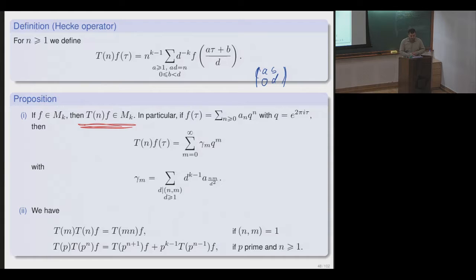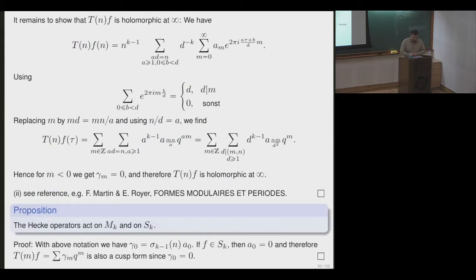So this can be really deduced just from this explicit formula. And thus we get that the Hecke operators act. And actually from this explicit formula, we can read off that cusp forms are preserved.